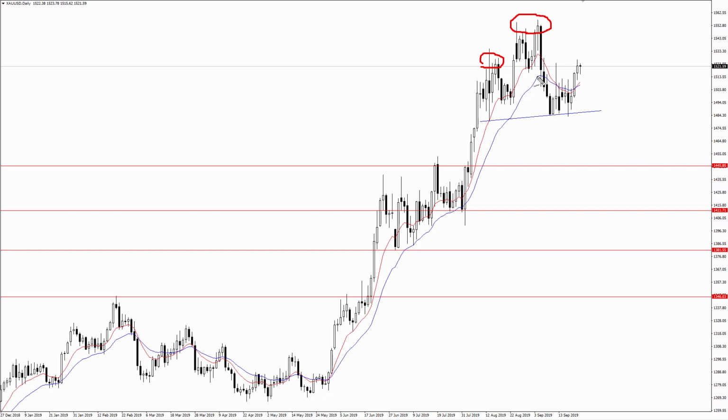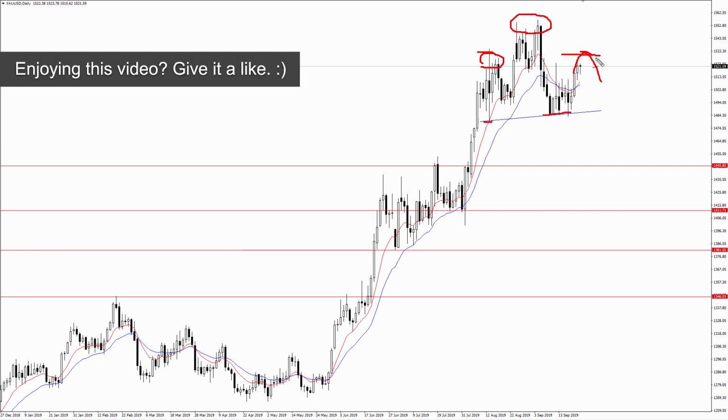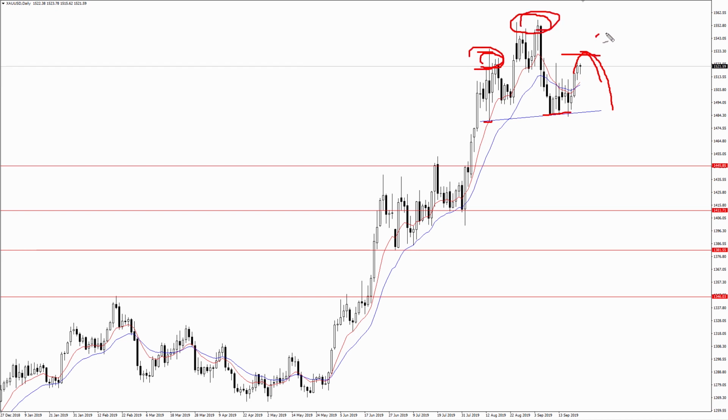Now, gold is at a pivotal point in this rally, in my opinion, because if it fails to get through this 1530, perhaps 1540 area in the days ahead, and we see a rejection off of this level and a return back to this support level, then I do think we have the start of what could be a head and shoulders pattern. So notice we have the left shoulder here, we have the head, and we have a potential right shoulder. Now, we don't know yet if that is going to be confirmed.